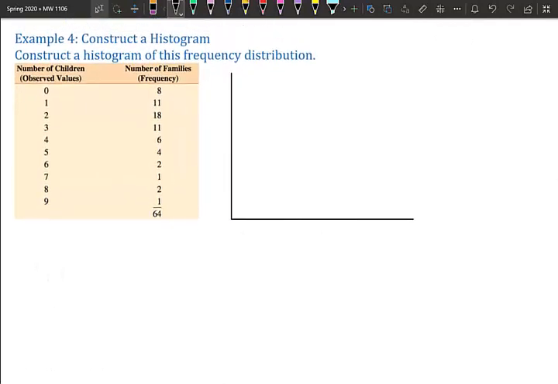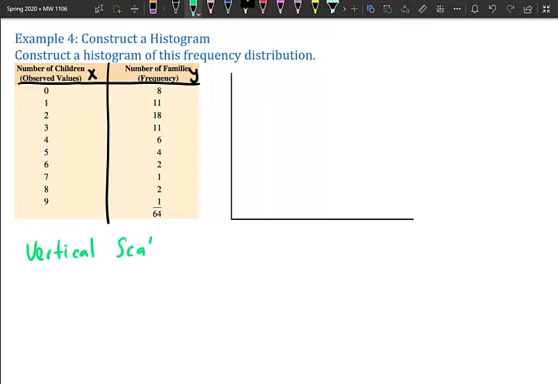So, we want to treat this as if it were a T-chart. So a T-chart, these are our X's, these are our Y's. So your vertical scale, that's just your Y values. So our vertical scale, you always want to start at 0.